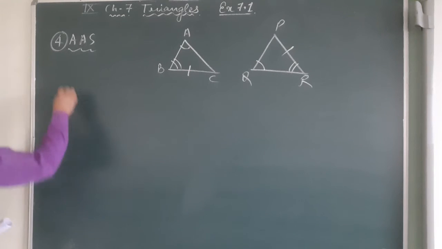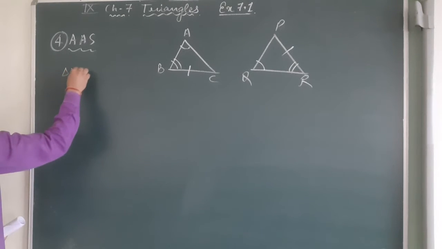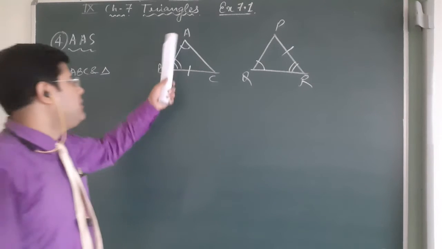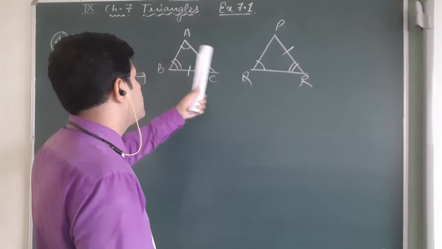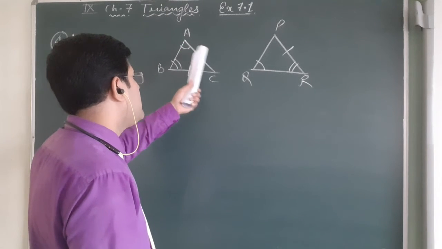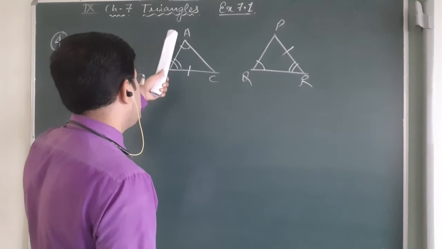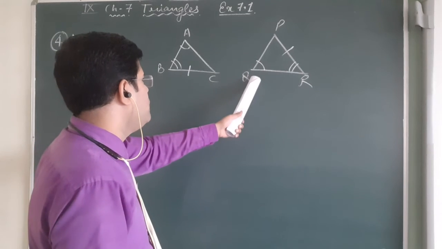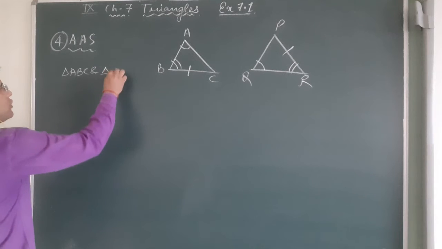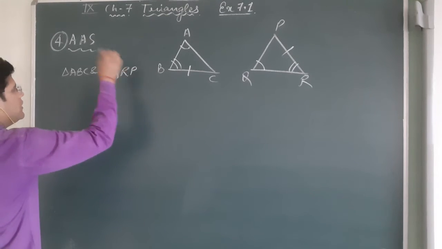So firstly we take triangle ABC, and here how to take that? ABC, but A is equal to Q. So after Q you can take R, because after A, B is equal to, after Q, R is equal. So in triangle ABC and triangle QRP.